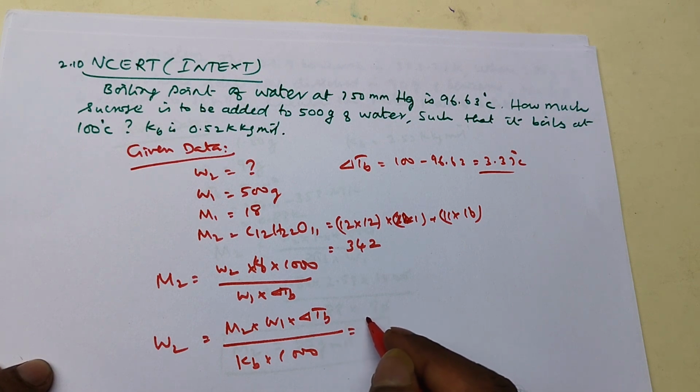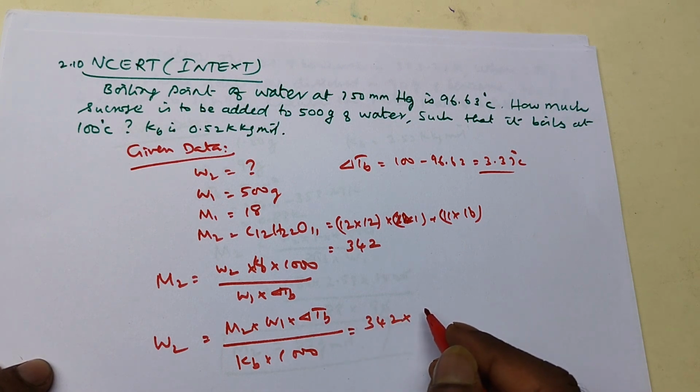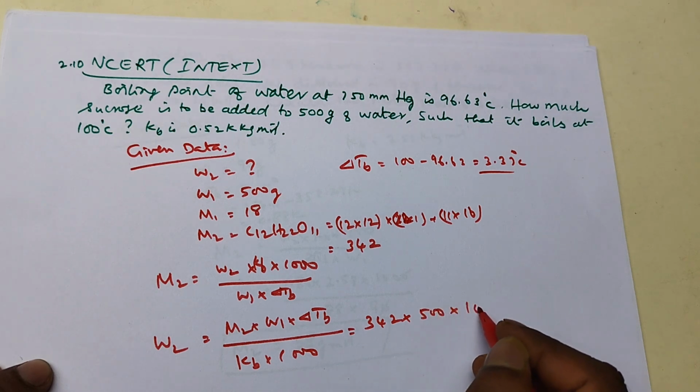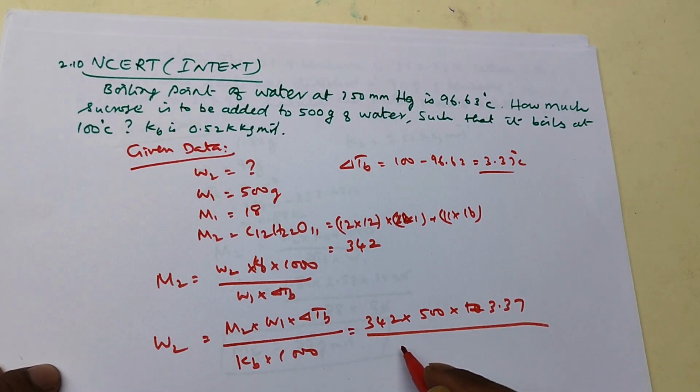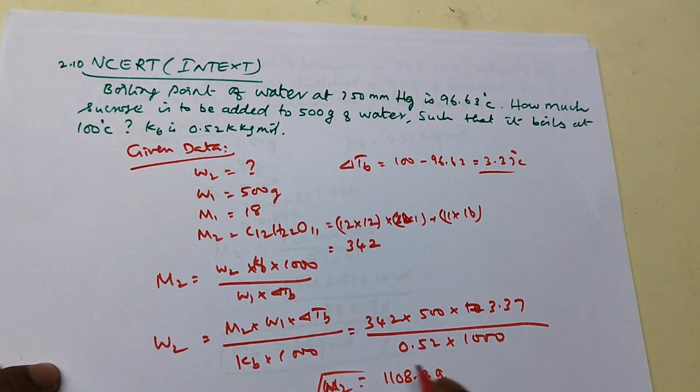M2 is given, that is 342, into W1 given as 500, into delta TB given as 3.37, divided by the Kb value 0.52 into 1000. Yes, if you solve all these things, we can get the value of 1108.2 grams. That is the mass of solute, mass of sucrose.